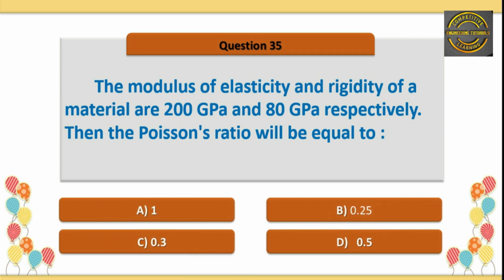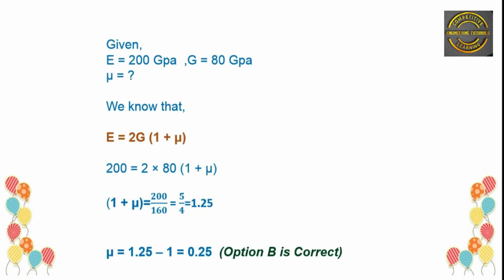Question number 35. The modulus of elasticity and rigidity of a material are 200 GPa and 80 GPa respectively. Then the Poisson's ratio will be equal to option B is correct, 0.25. So here this one is the explanation. Given Young's modulus E equal to 200 GPa and rigidity modulus G equal to 80 GPa.